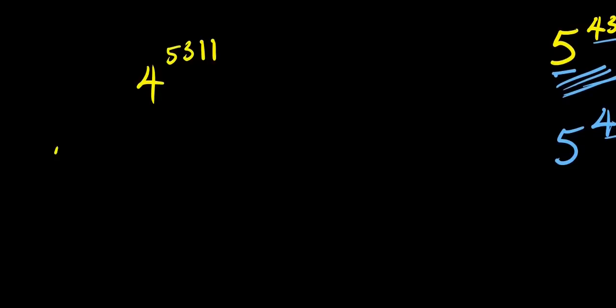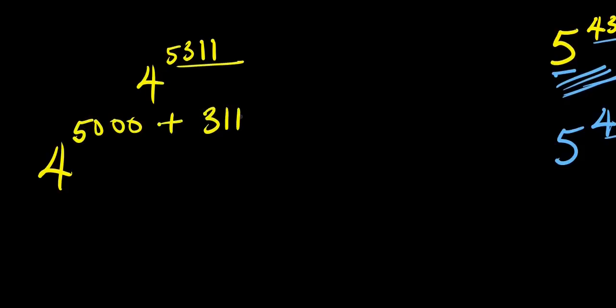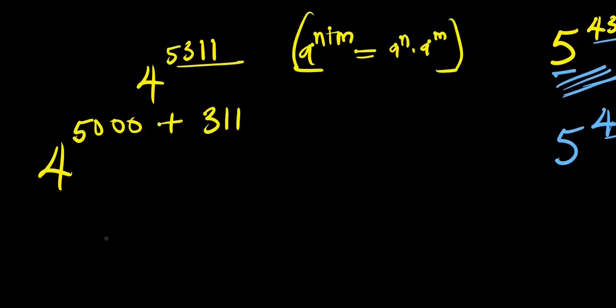So we are going to do the same thing. We have 4 to the power of, instead of this, we can have it as 5000 plus 311. So we go back to the same identity, a power n plus m equals a power n times a power m. So this will give us 4 to the power of 5000 times 4 to the power of 311.